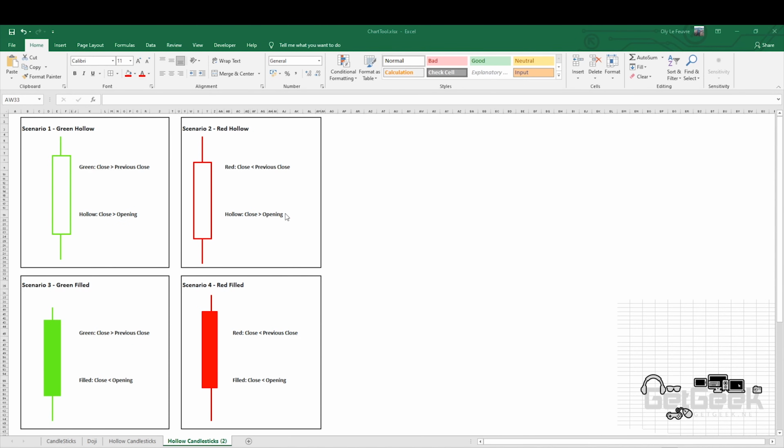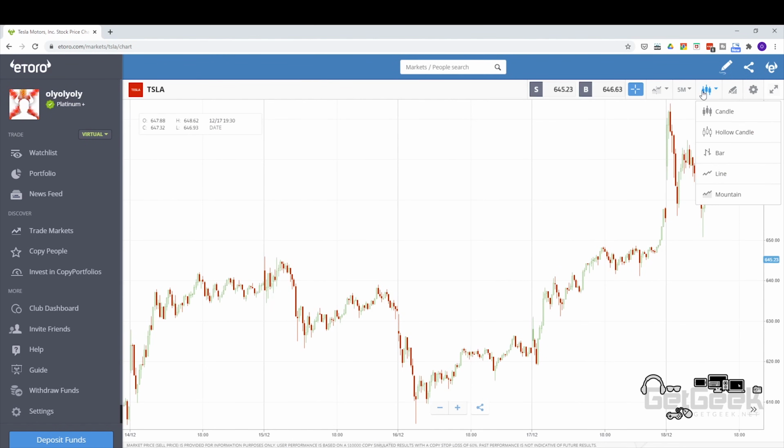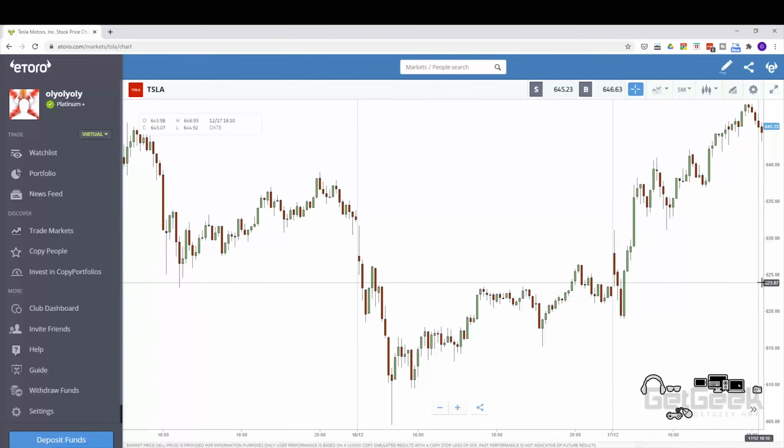And then the candle's color compares the current closing price to the previous candle's closing price. So a green candle means that the current closing price is greater than the previous candle's close price, and a red candle means that the current closing price is lower than the previous candle's closing price. So it's quite a bit different from a normal candlestick. I generally tend to use just a normal candle, but it's up to you what your preference is.